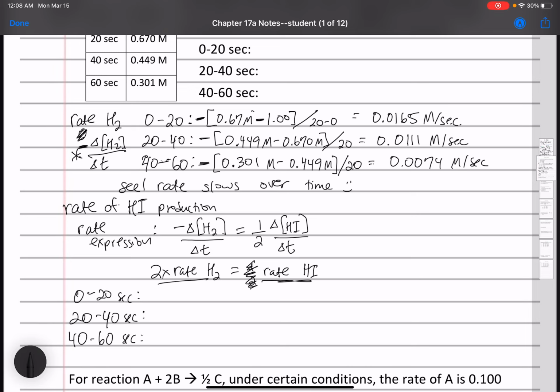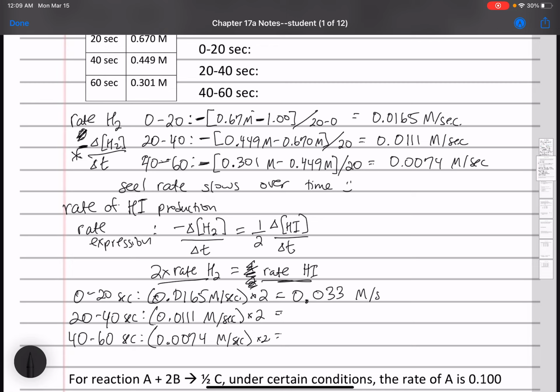we get the rate of HI production is 0.0165 molarity per second times 2, 0.011 times 2, and 0.0074 times 2. For rates of hydrogen iodide production as follows.